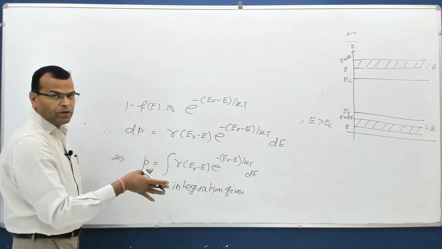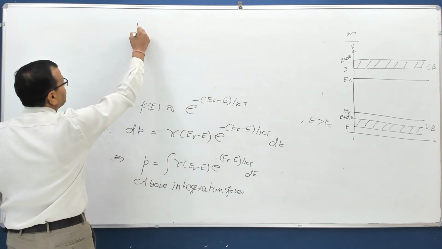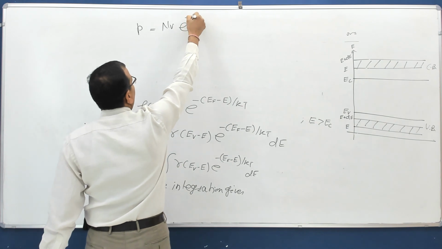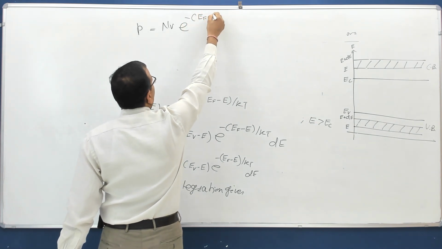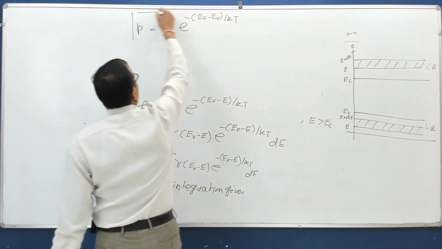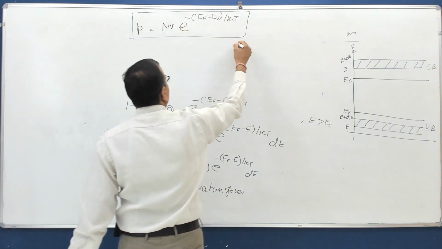You don't need to go for the complete integration. The integration gives, and this is what you need to remember, P equal to Nv e raised to power minus (Ef minus Ev) by kT. That is what you need to remember.